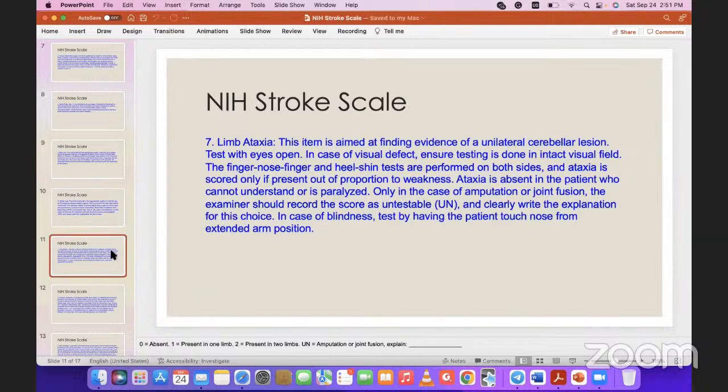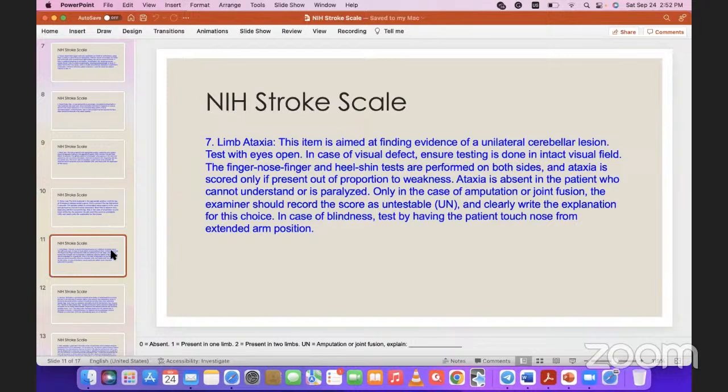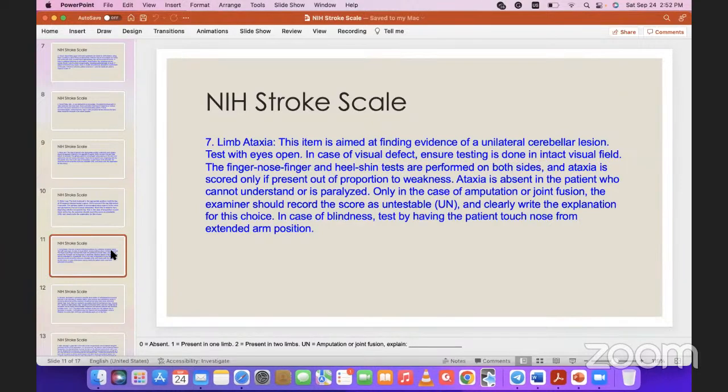Ataxia is absent in the patient who cannot understand or is paralyzed. Only in case of amputation or joint fusion, the examiner should record the score untestable, as with motor limb. And also here the key for that: 0 for absent, 1 for present in one limb, 2 for present in 2 limbs, and UN for amputation or fusion.